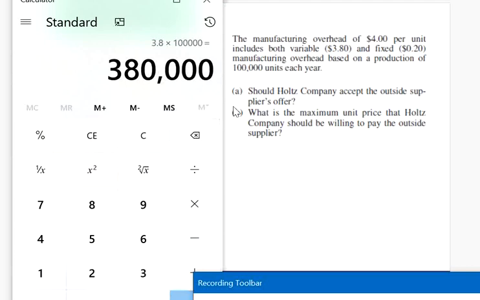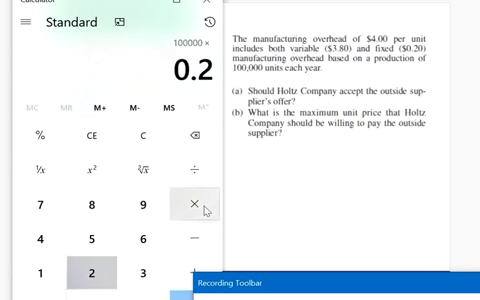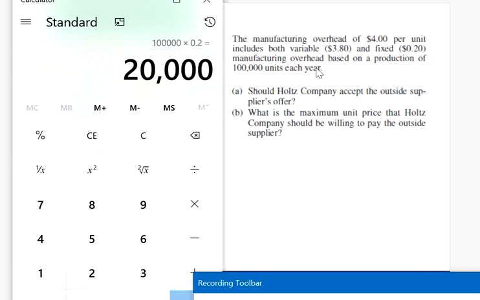And what is our fixed cost, which is 0.20? It's not stated, so we can calculate it from here: 100,000 multiplied by 0.20 is 20,000. So our fixed cost is 20,000.